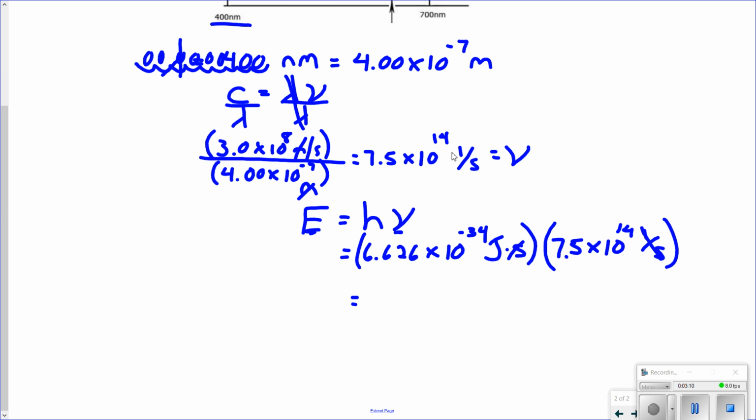So, finding a calculator, which I should have had on hand earlier. Now I have a calculator. I do parentheses 6.626 times 10 to the negative 34th.